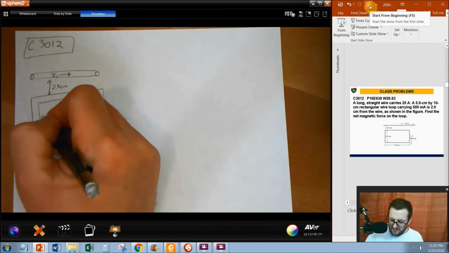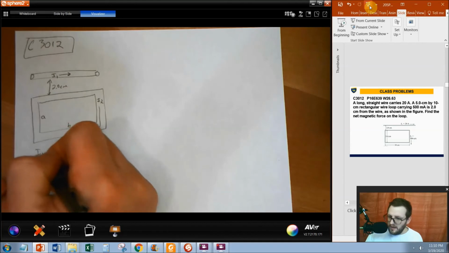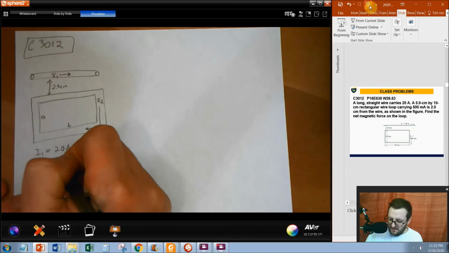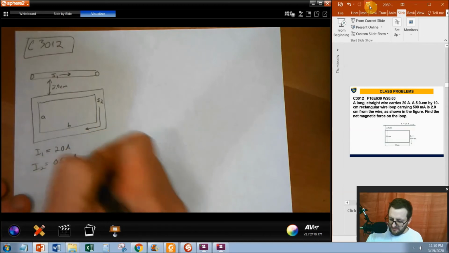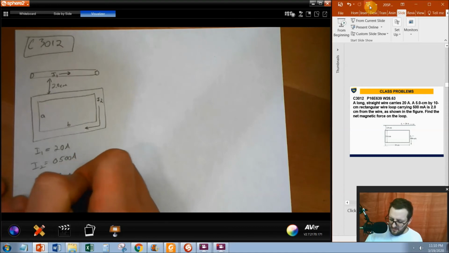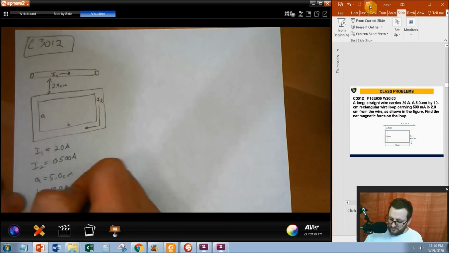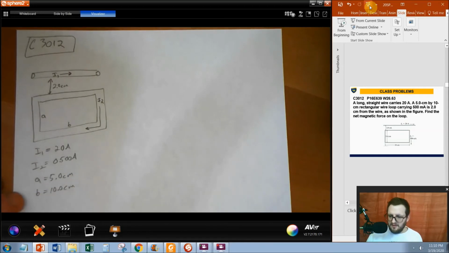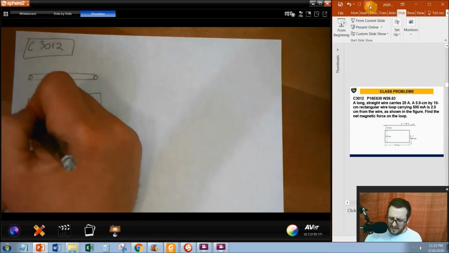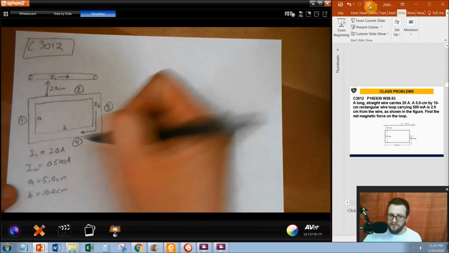I'm going to call the length of this side A and the length of this side B. So I1 is 20 amps. I2 is 0.500 amps. A is 5 centimeters. B is 10 centimeters. Let's see, anything else we need to know? Okay, that's everything. So I can go back and label these sides 1, 2, 3, and 4 just for reference purposes.